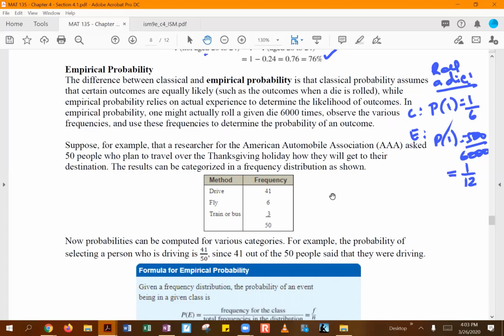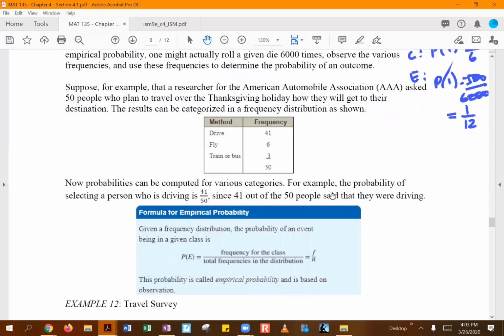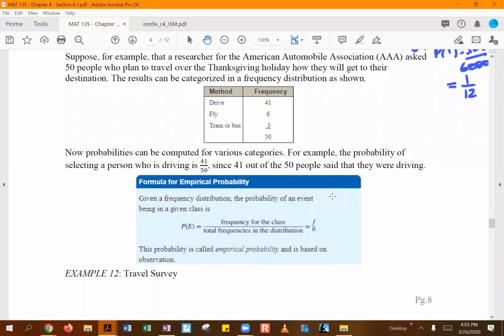This is based on actual observation by talking to these people. So your probability for driving would be 41 out of 50, for flying 6 out of 50, and for train or bus 3 out of 50.